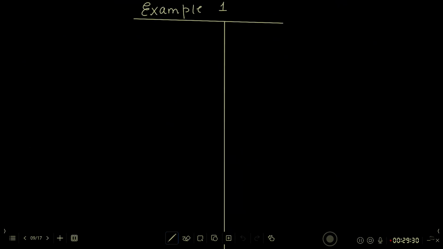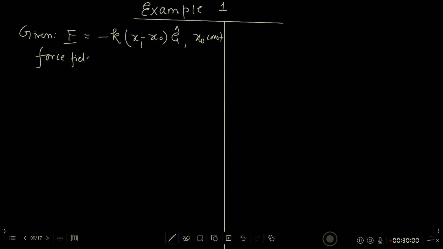Let's have a look at an example. Given a force field, a force field is given. X0 is constant, K is constant. I have some coordinate system.